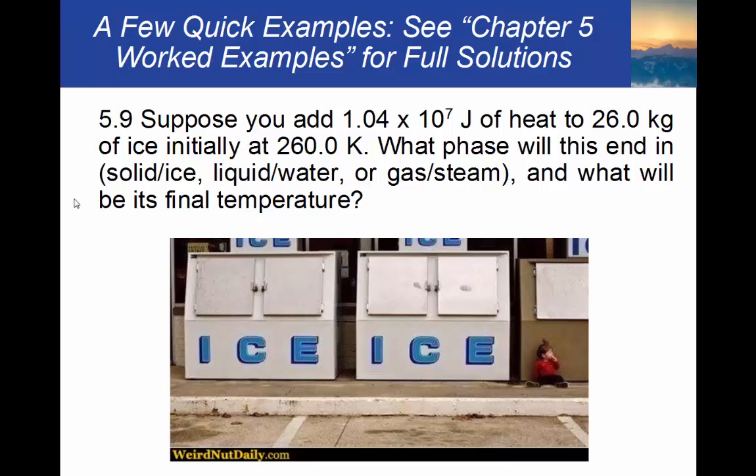And as always, we're assuming that all of this energy is really going to heating the ice or melting it or vaporizing it. All right, so let's go ahead and write down our first equation, which says that the amount of heat added should be equal to the mass of the thing being heated times the specific heat times the change in temperature.